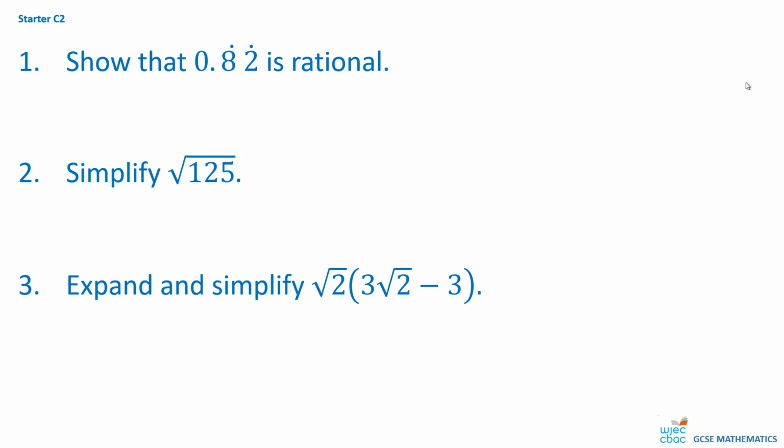Okay, so question 1, we've got 0.82 recurring, so we need to put that in terms of x. So we can say that x is equal to 0.82 recurring. In order to get rid of the 82 recurring, I'm going to multiply by 100, so 100x is equal to 82.82 recurring.